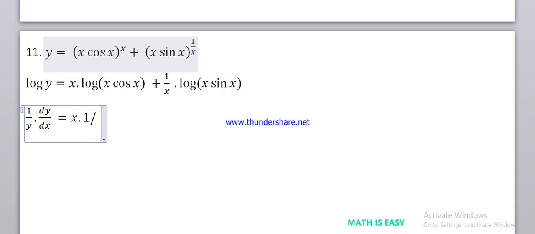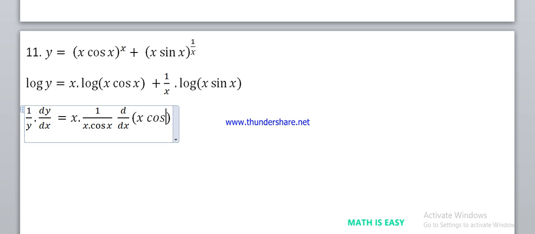So 1 by x into cos x. Now derivative of theta will come. Derivative of theta means d by d theta into x cos x. Okay.